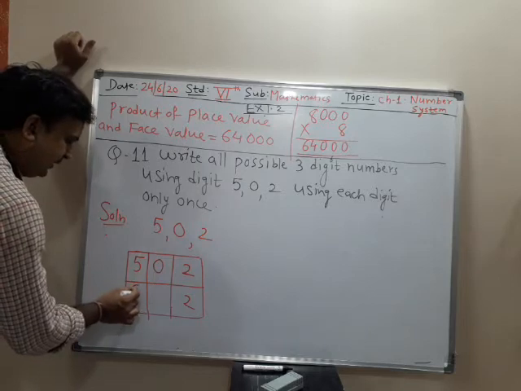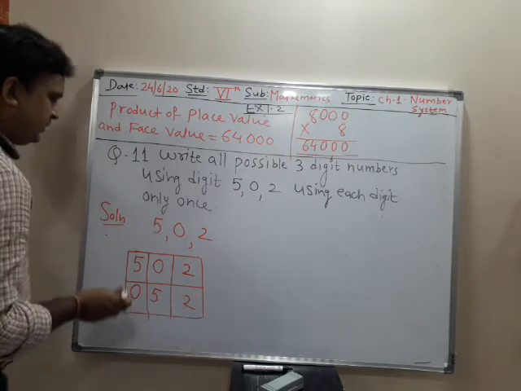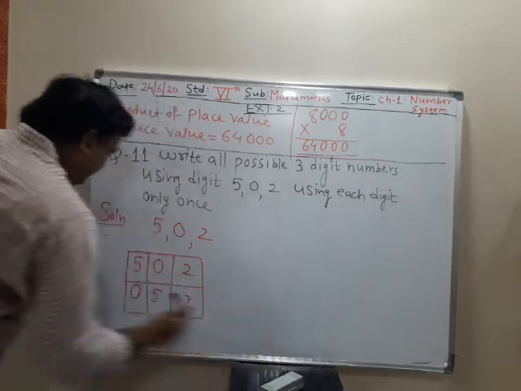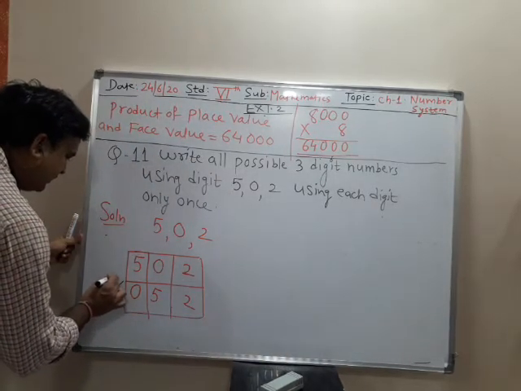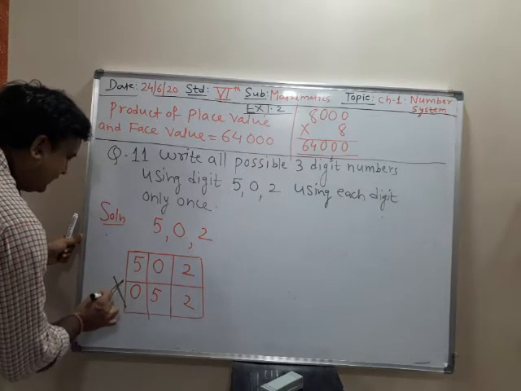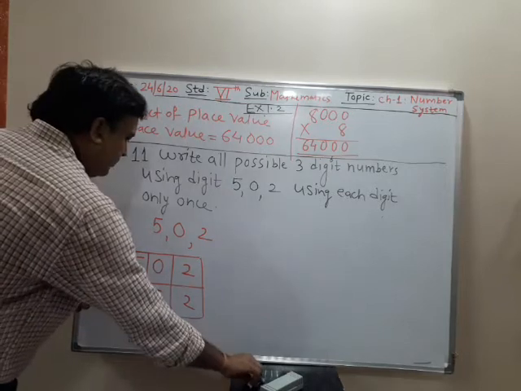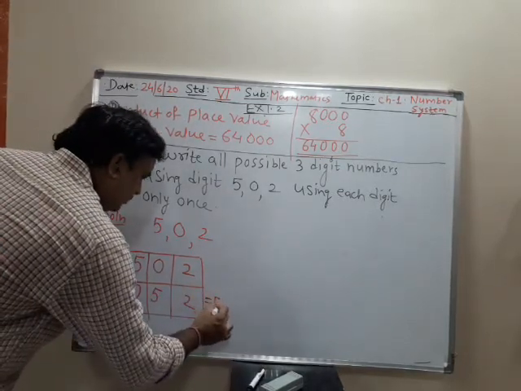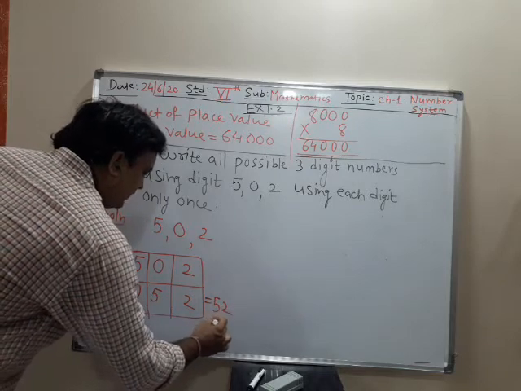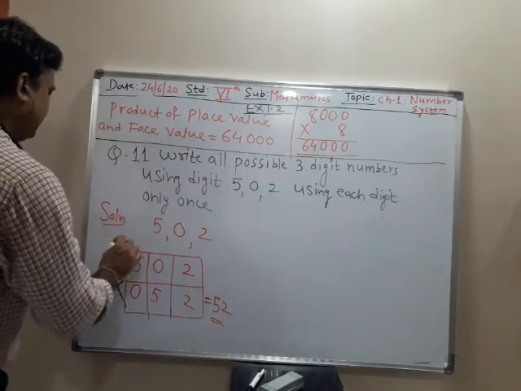Now if I write 0, 5, 2, this becomes a 2-digit number, so this will not be there. Is it clear? 052 is the same as 52, which is a 2-digit number. So this I will cancel. This is allowed: 502.